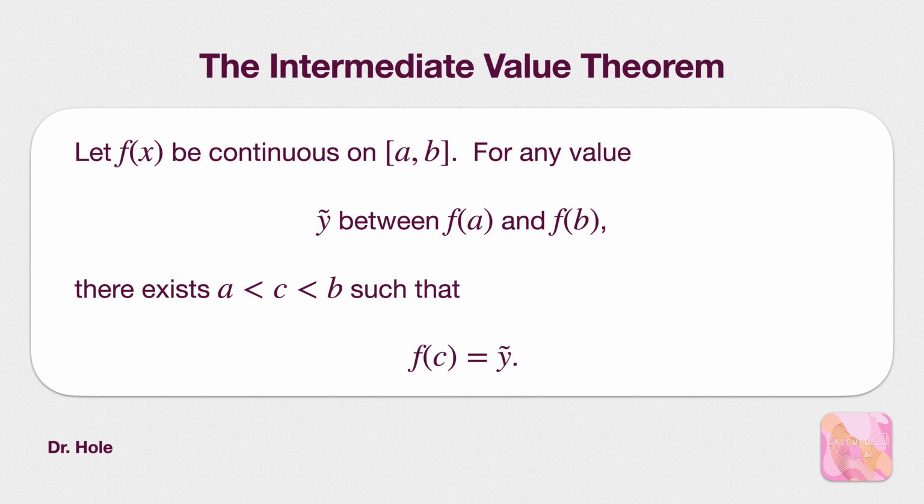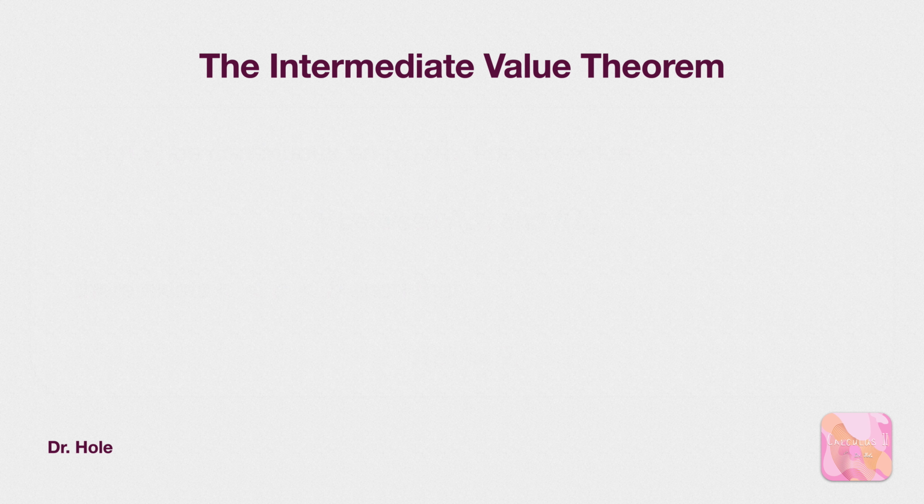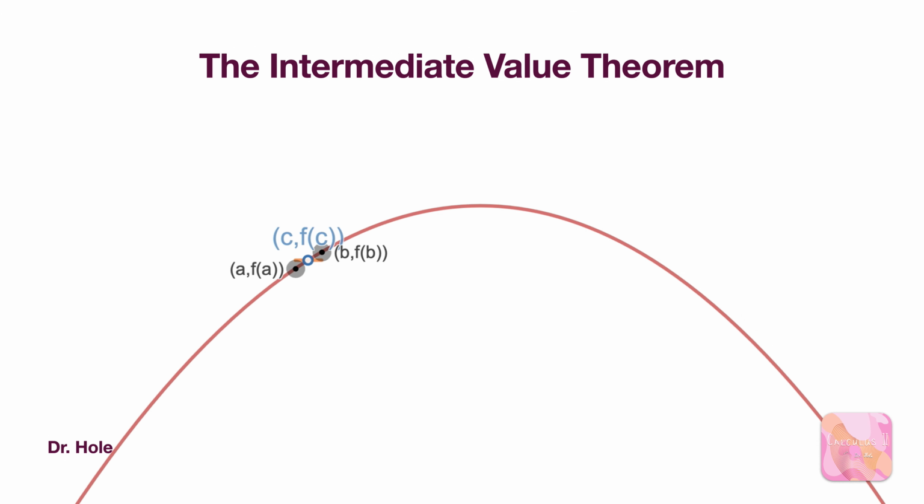Let's look at a little video to try and understand that. So we have two black dots on a parabola. The black dot to the left has a height of f of a, and the black dot to the right has a height of f of b. The two heights differ.